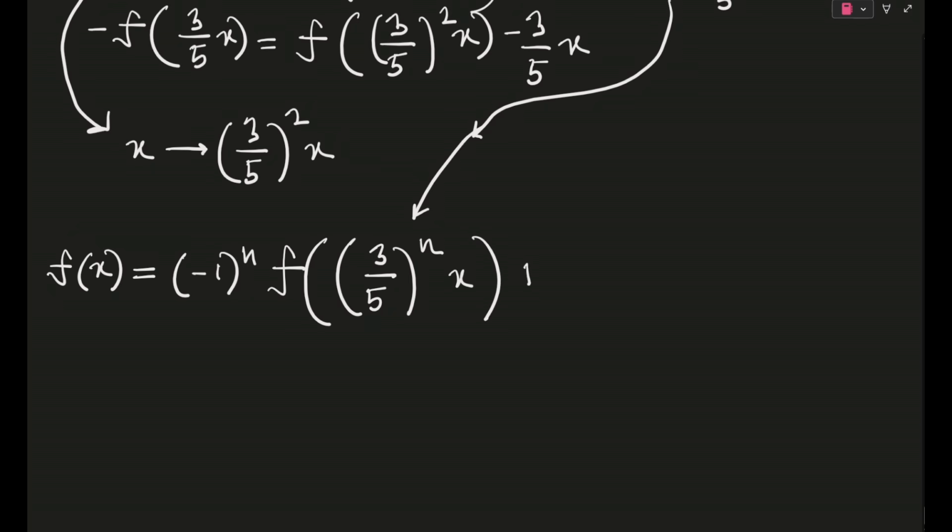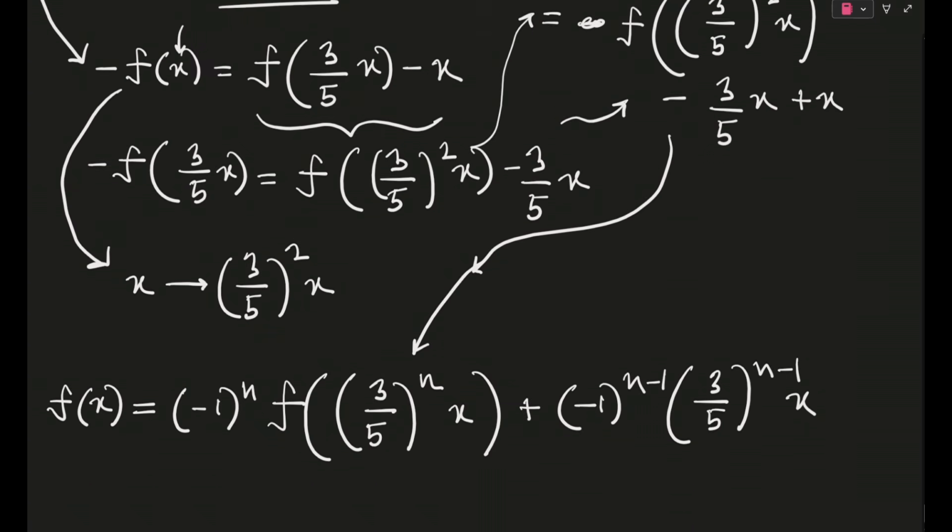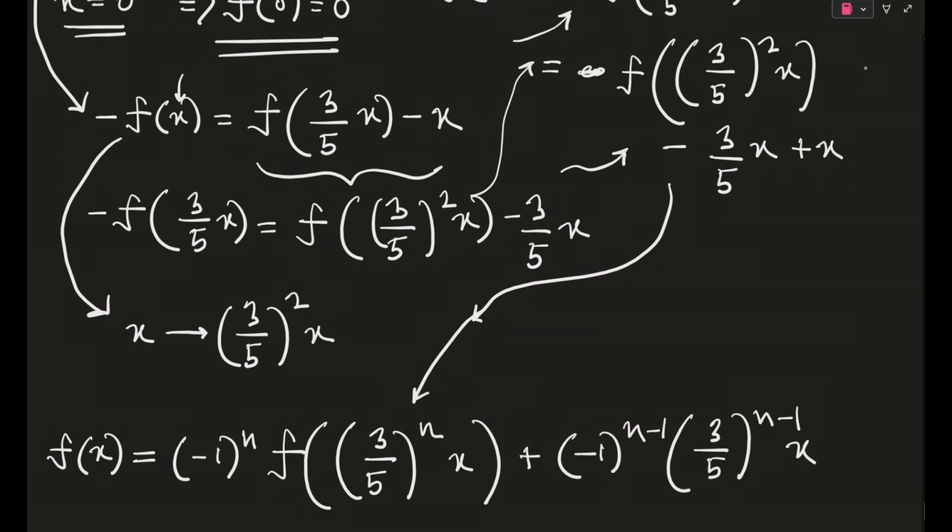After that you will have minus 1 power n minus 1, (3 by 5) power n minus 1 times x. You can understand the pattern, right? Looking at the first term, there will be only one term that contains f in this polynomial expression. The rest of all the terms will be in terms of 3 by 5 and x.